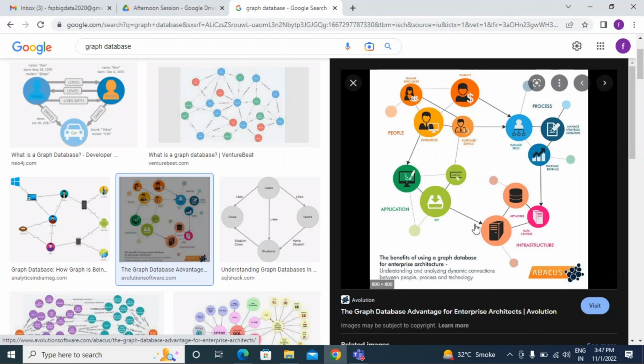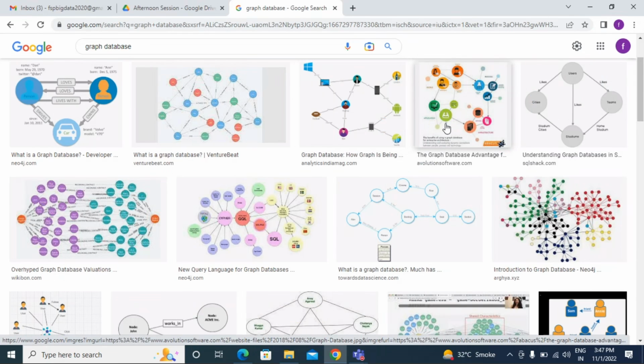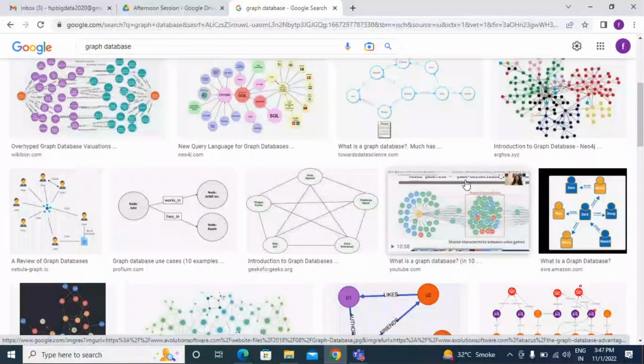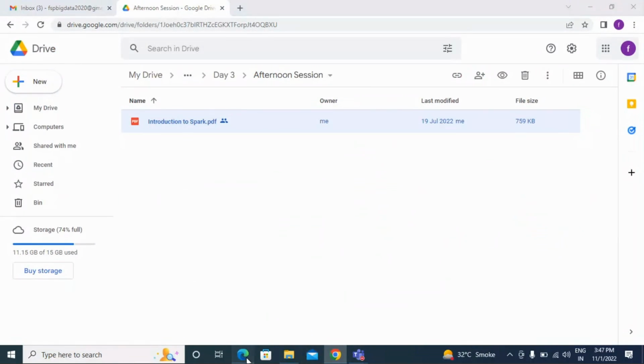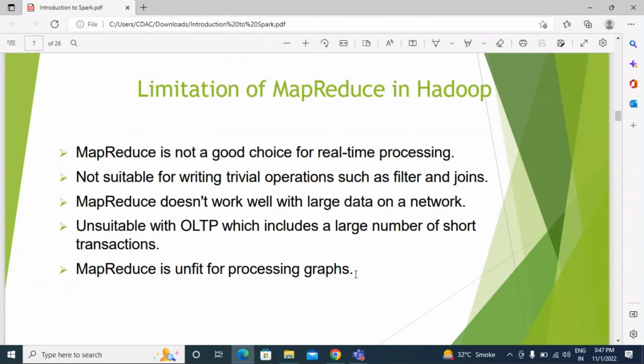All these things are stored in a graphical format. So these are graph databases. Likewise, social media stores your data, where you have the elements and the vertices represent the relationships between the elements. If you have such kind of data, then MapReduce is not suitable. So these are the limitations of MapReduce.